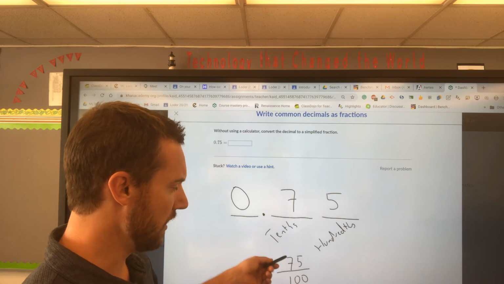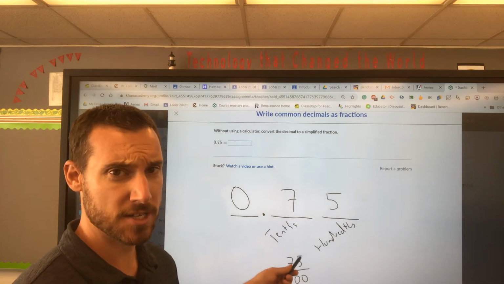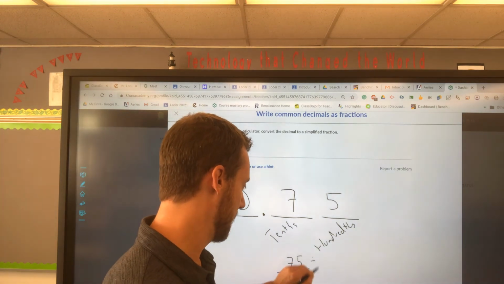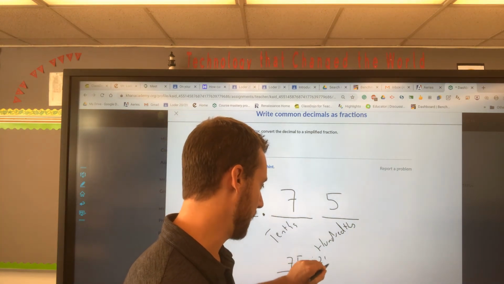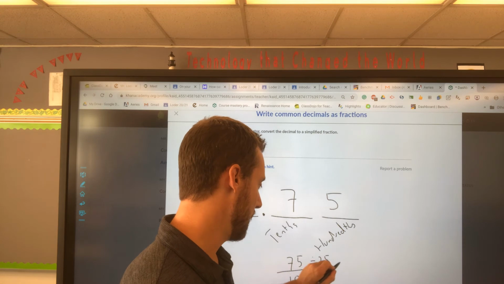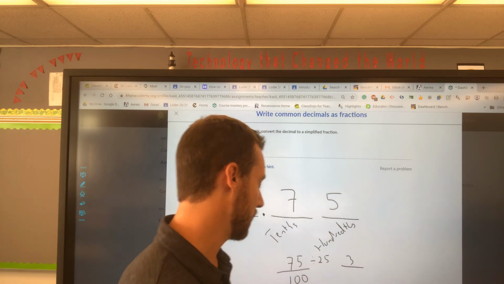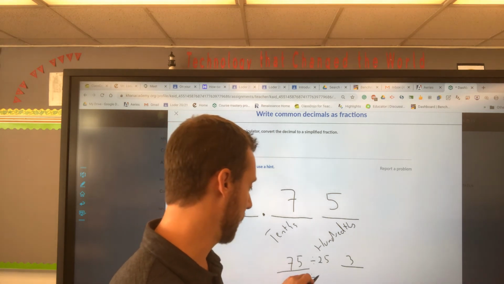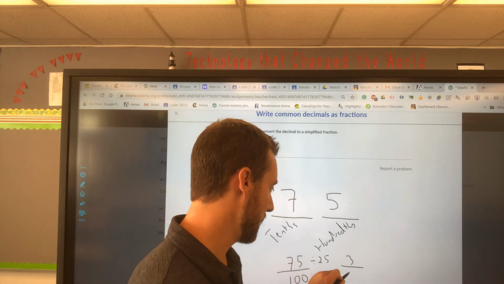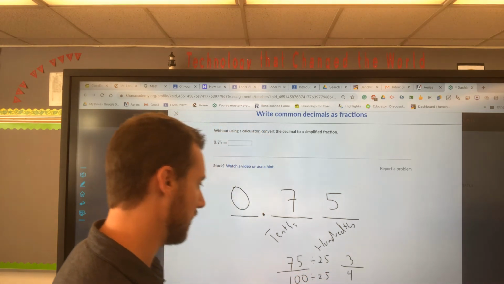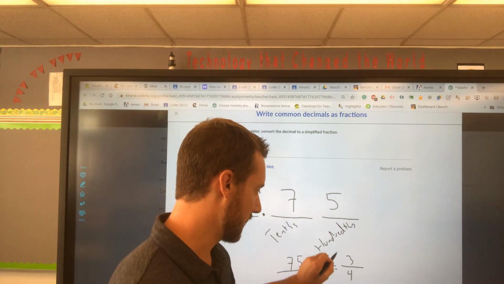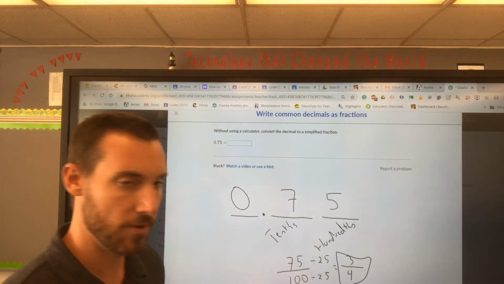So we know that 3 quarters is 75. If I divide 75 by 25, the value of a quarter, that's going to give me 3, right? 3 quarters is 75. If I divide 100 by 25, that's going to give me 4, right? 4 quarters is $1. Okay, and that's the trick with these kinds of problems, and that's our answer, 3/4.